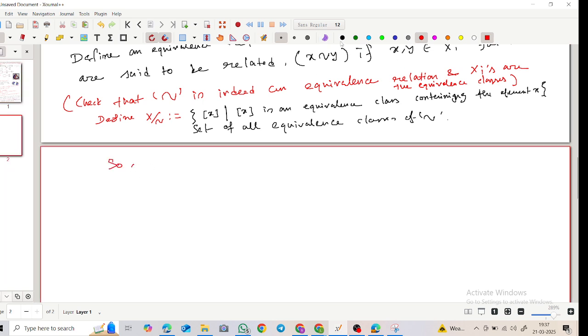So for each xi it will correspond to some class which is represented by this small xi in capital Xi. Okay, so sort of you are treating each xi as a point here.